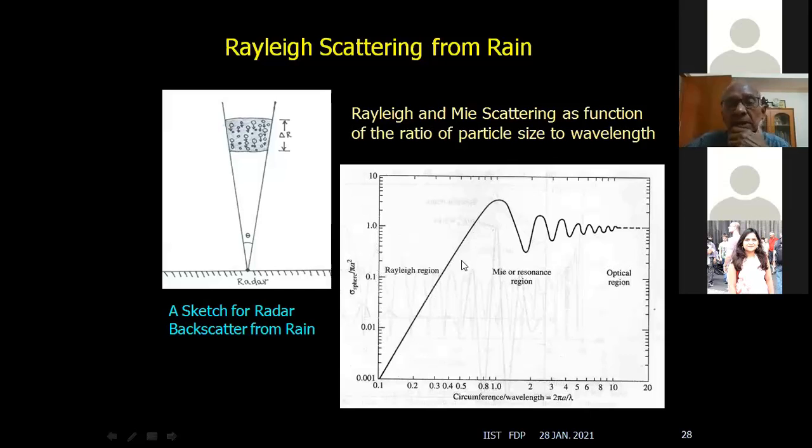So this region is the Rayleigh region, where the radar wavelength is much larger than the diameter of the particle, and as it goes close to where the radar wavelength is about the same as the particle size, you get into the Mie scattering, resonant Mie scatter, and eventually into the optical region.